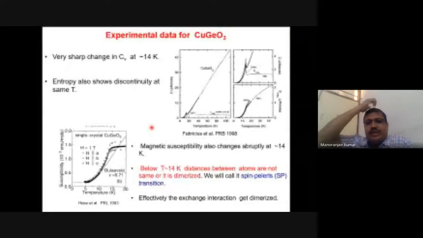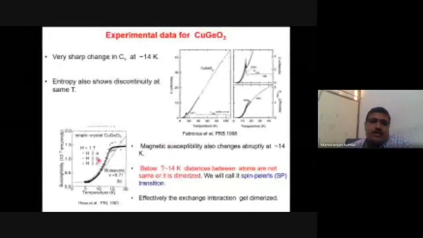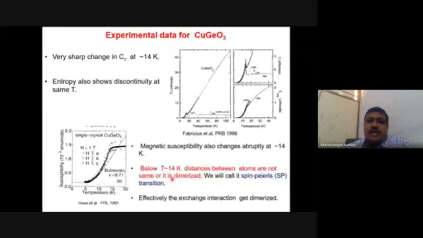Here I'm showing the magnetic susceptibility, and you see the magnetic susceptibility also changes abruptly at 14 Kelvin. Below 14 Kelvin, the distances between atoms are not the same, and the system behaves as if it is dimerized. That's why below this temperature there is a spin spiral transition.